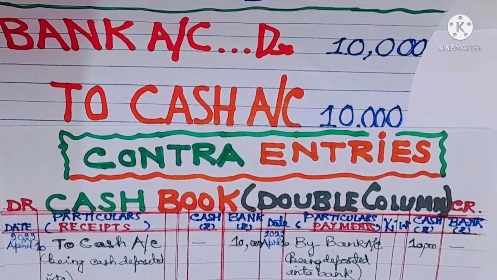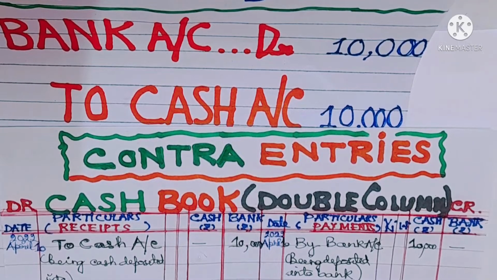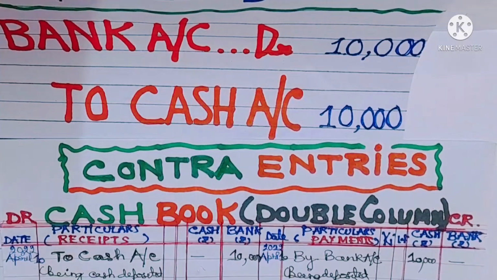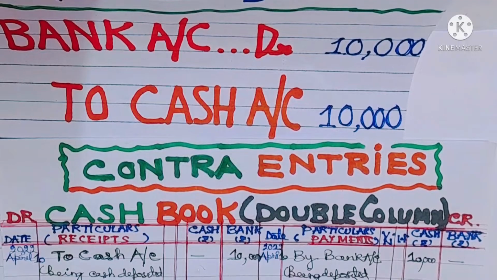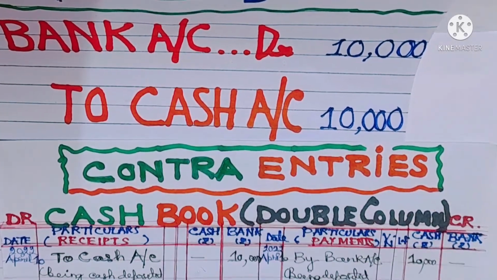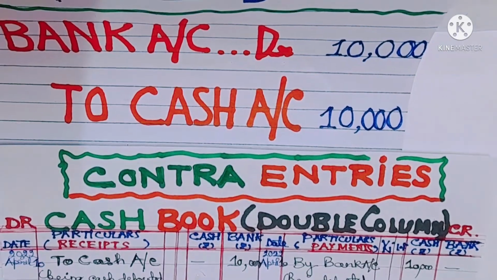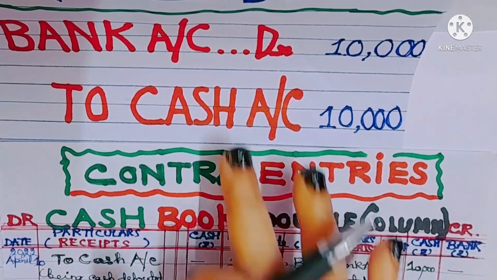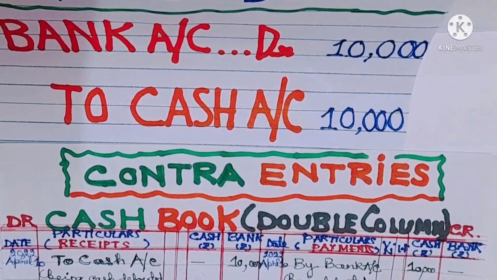And the amount will be recorded always, remember, from the position. When you're doing ledger posting and you're looking at bank account, the amount will be recorded in the bank column. When you're preparing ledger posting and you're looking at cash account, the amount will be in the cash column. Understood?